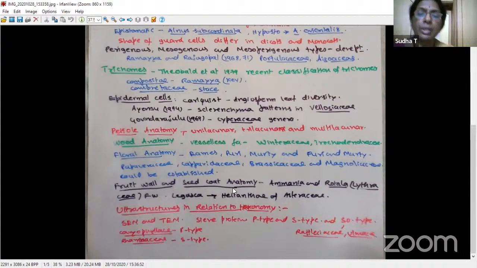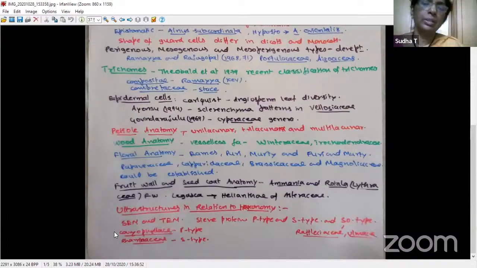So the seed coat anatomy also helps in establishing the position of certain genera, whether to retain them in the same tribe or family, or even their relationships, as I told you, these two were retained in the family Lythraceae because of the similarity of the seed coat anatomy. So this is a recent ultrastructural approach to taxonomy.